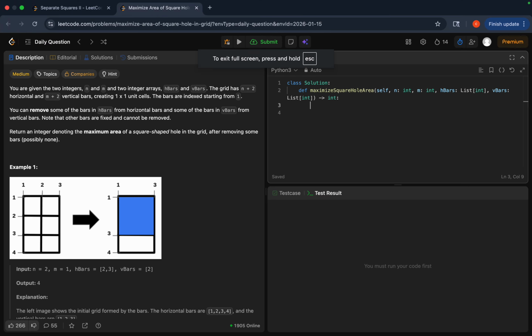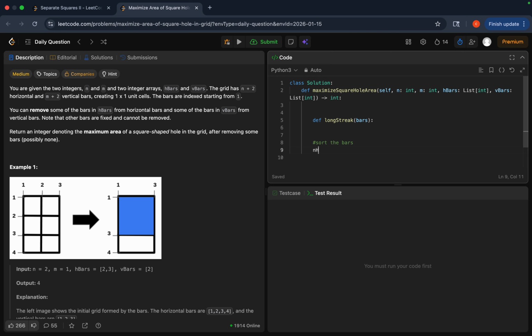We have to define a function which will calculate the streak, right? So long streak. And here we have to pass the bars, and now we can start by sorting the bars.